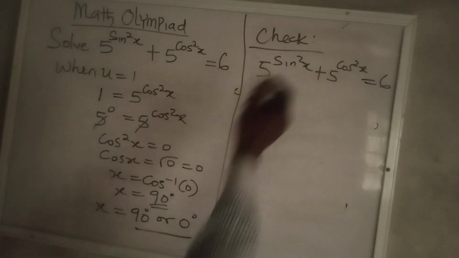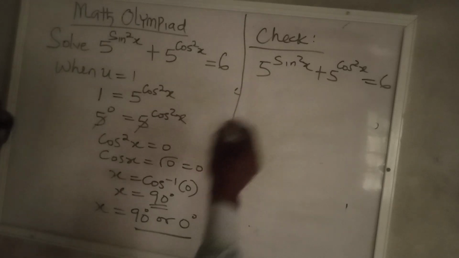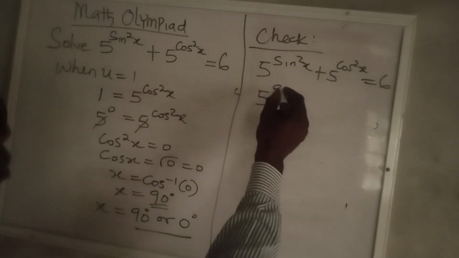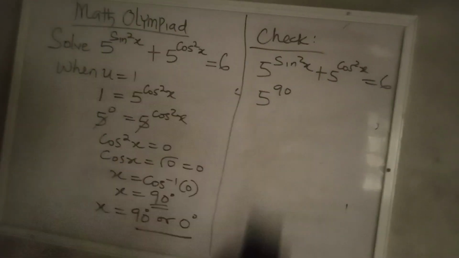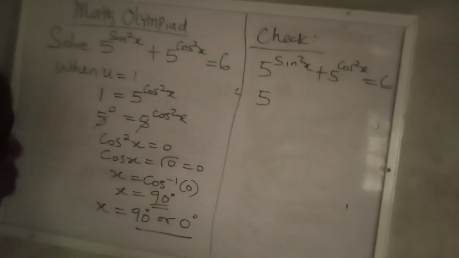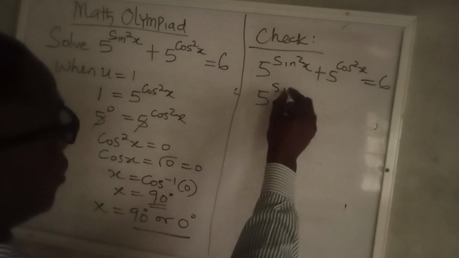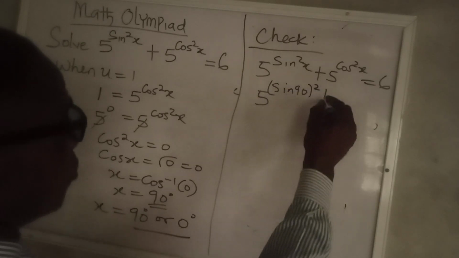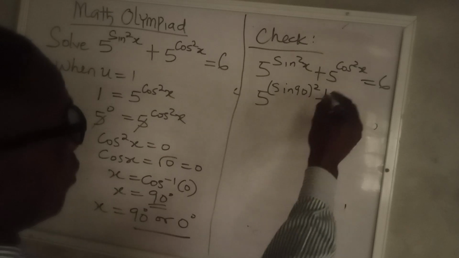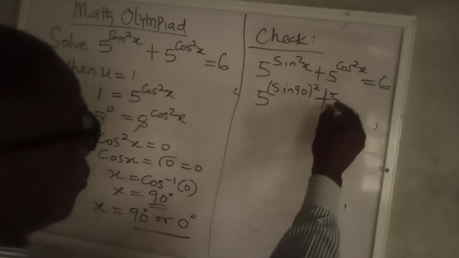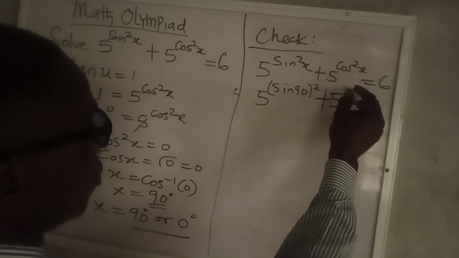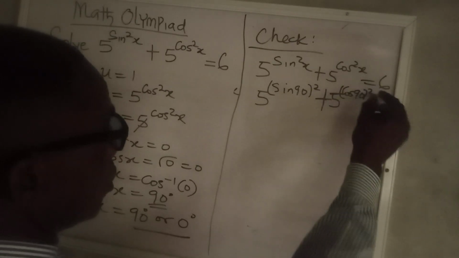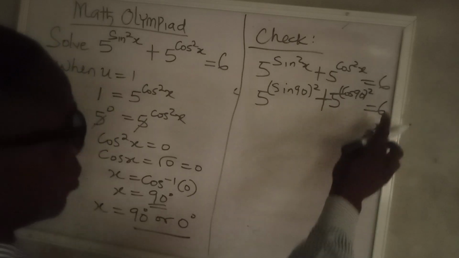So if we substitute 90 here, we have 5 to the power sine 90 squared plus 5 to the power cos 90 squared equals 6.